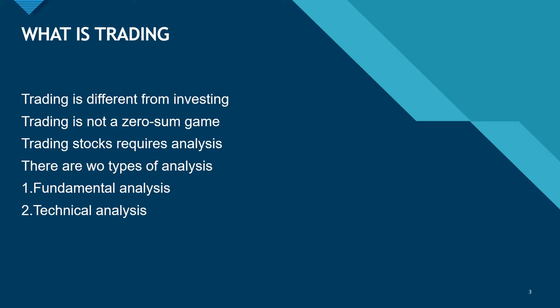It's nothing but if a buyer loses the money, all the money that is lost by the buyer goes to the seller. That is called a zero sum game. But trading is not a zero sum game. Not all the money that is lost by either buyer or seller goes to the opposite. Some of the money goes to the brokers. So it's not a zero sum game.